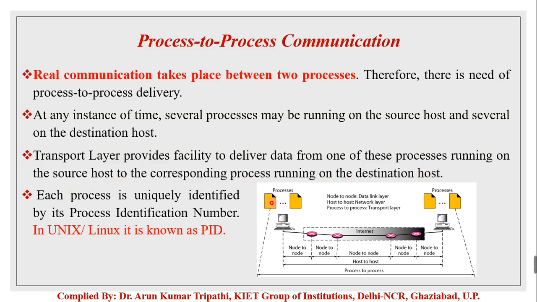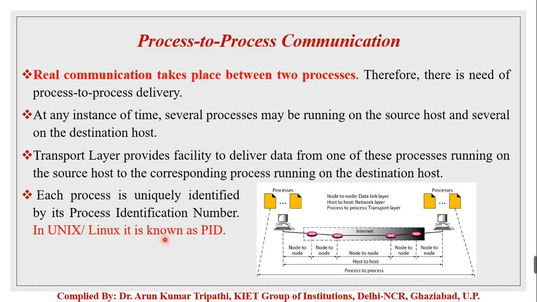For example, the source is using the protocol port number 23, that means telnet, and it wants to communicate with the telnet at the destination. So it will communicate with the process that is running on port number 23. Each process is uniquely identified by the process identification number.